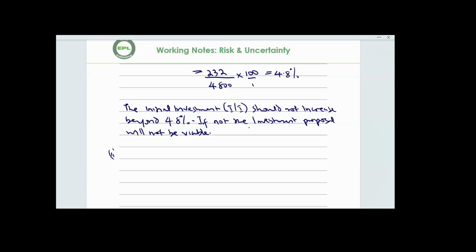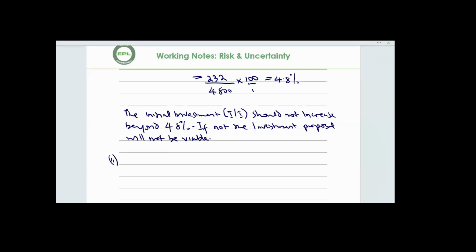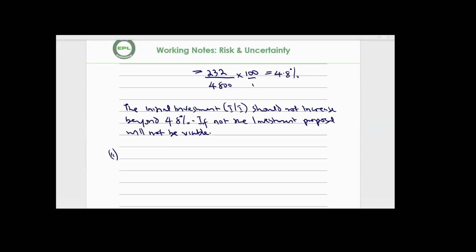Number 2, the next variable according to the question, is production cost.